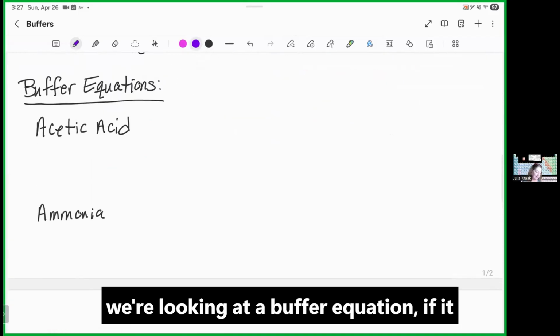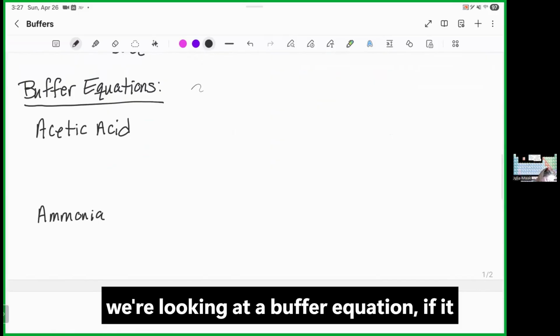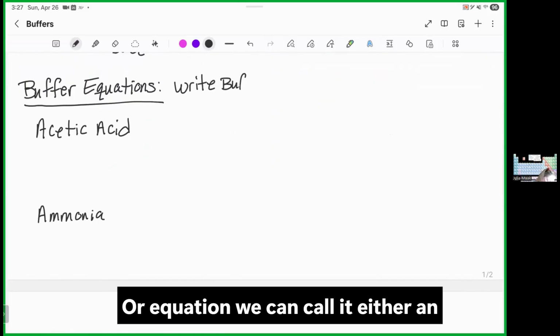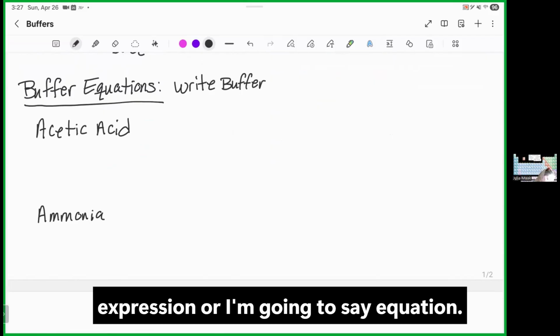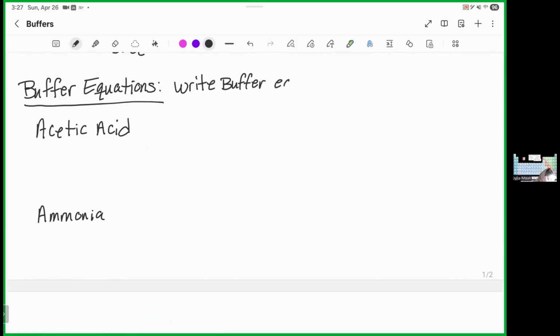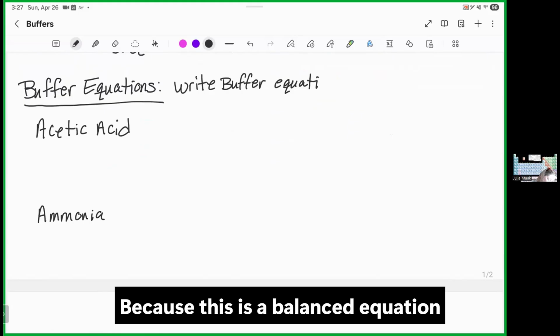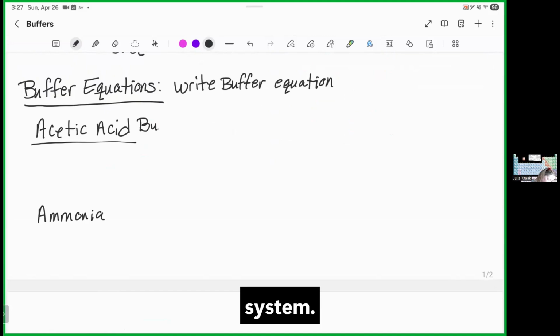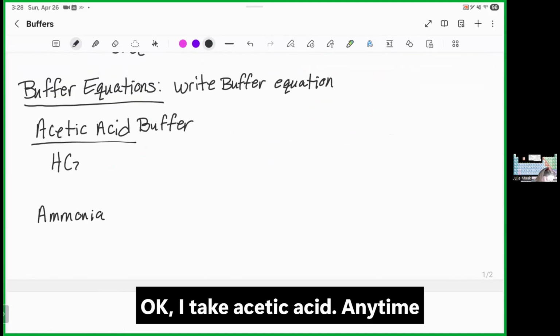Okay, so now when we're looking at a buffer equation, if it says write the buffer expression or equation, we can call it either an expression or I'm going to say equation because this is a balanced equation. For the acetic acid buffer system, I take acetic acid.